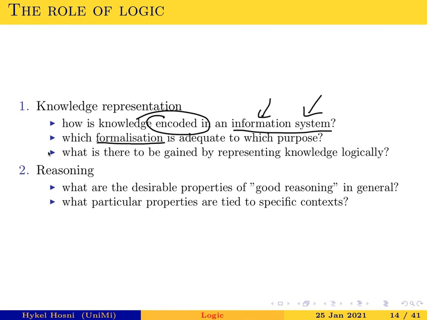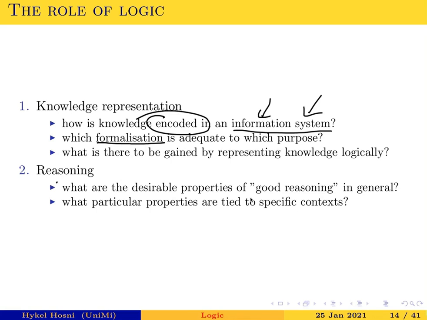So the first bit is knowledge representation, but then of course, as you probably expect, the reputation of logic is really tied to reasoning. So getting knowledge and actually deriving consequences or conclusions, or making inferences from that knowledge. The first question is, what properties are desirable of good reasoning?